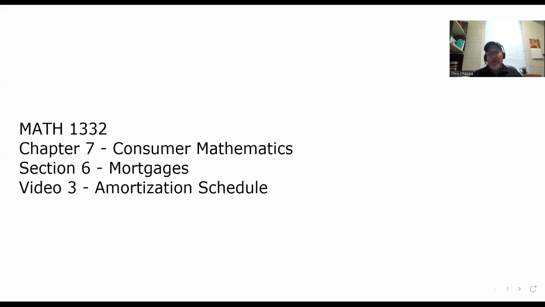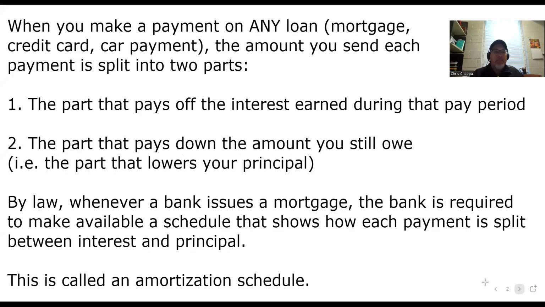Well, when you buy something or borrow money and pay it off over time, when you make a payment on any loan, a mortgage, a credit card, a car payment, whatever, the amount you send each payment is split into two parts.